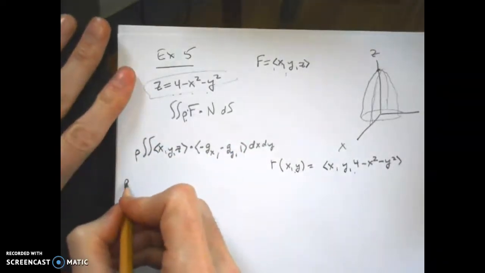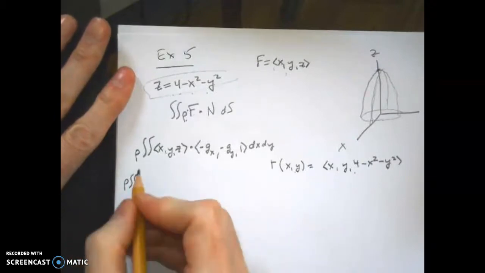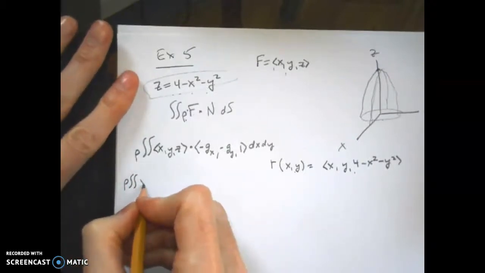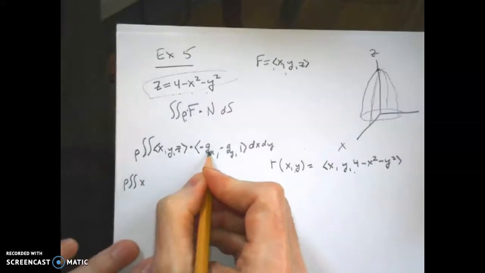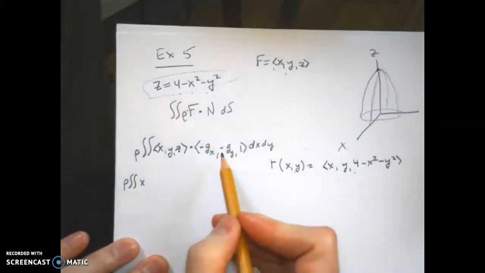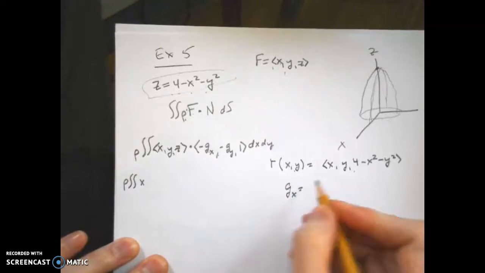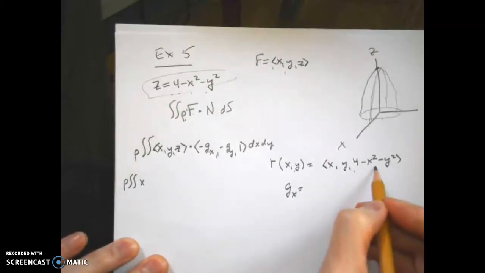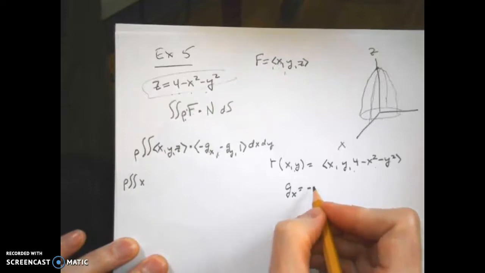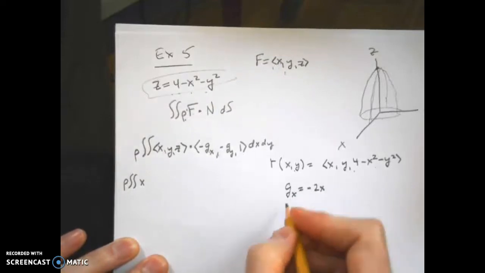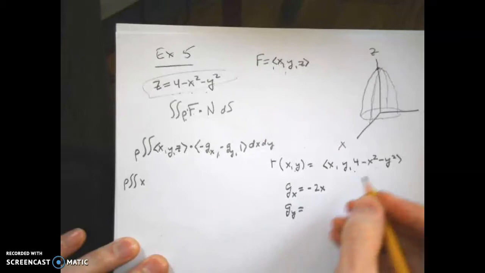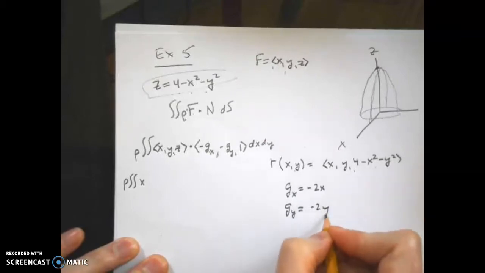The x derivative of our z value is negative 2x, and g sub y is negative 2y.